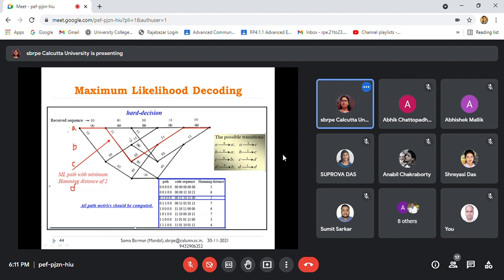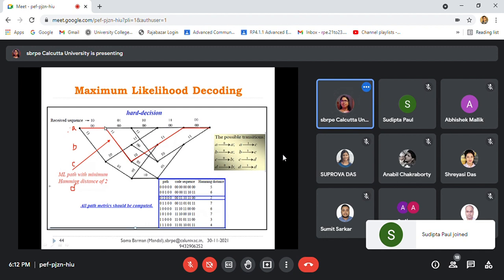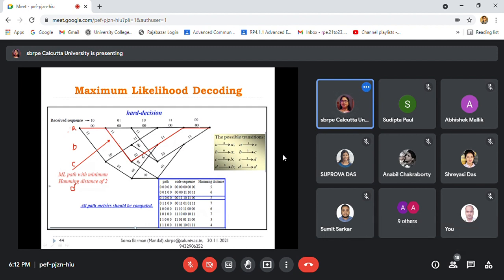There is also a path A to A, next A to C, then again to A. This is the red mark. A to A means 0 0. Next is 1 1, next is 1 0, then 1 1 and 0 0.